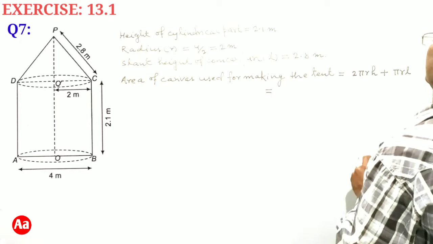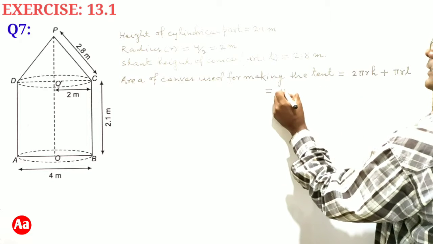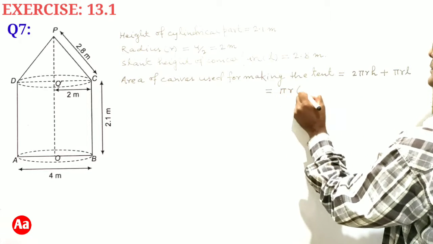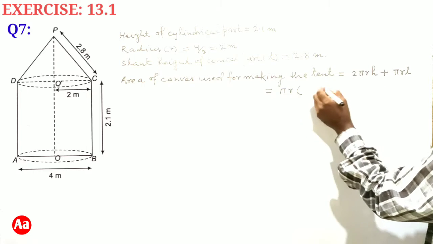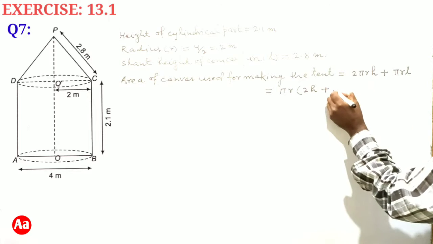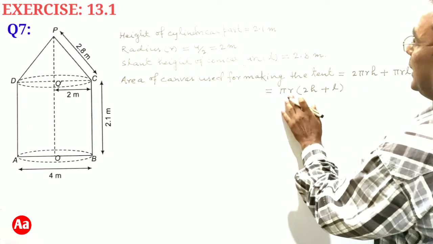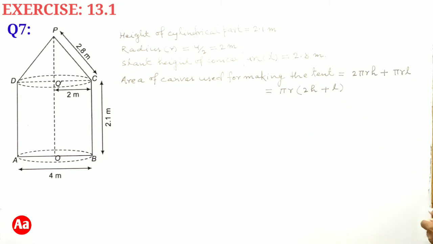This is equal to pi r, if you take common, you will have 2h from the first term plus L from the second term. So we have got this formula: pi r into (2h plus L).